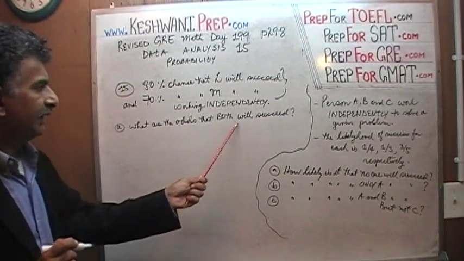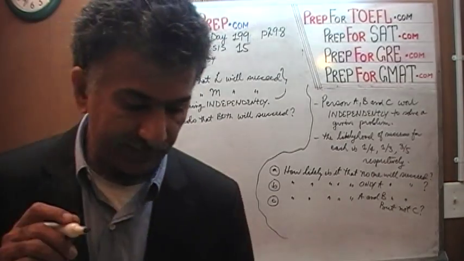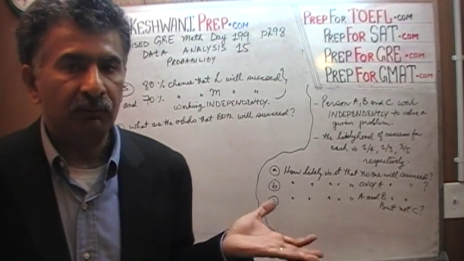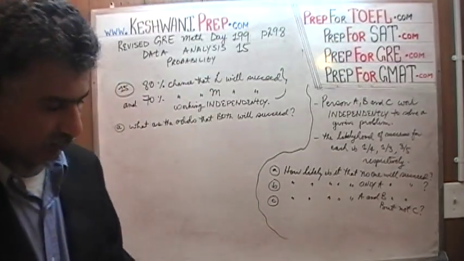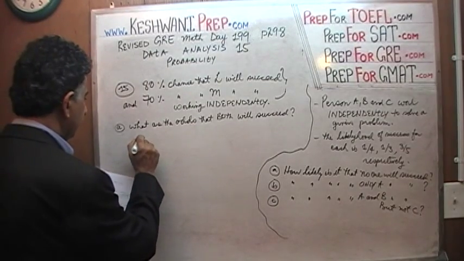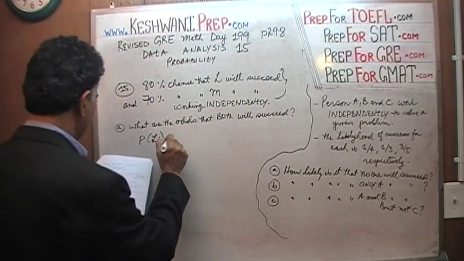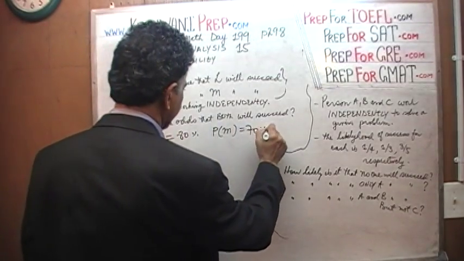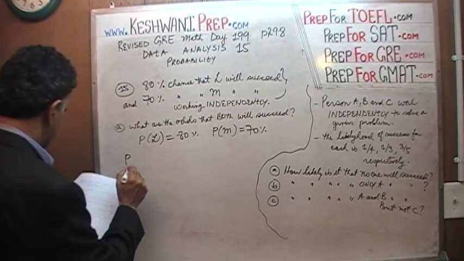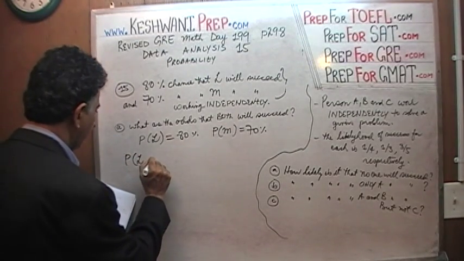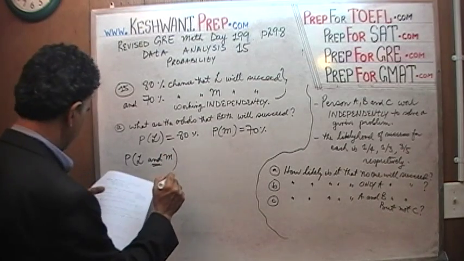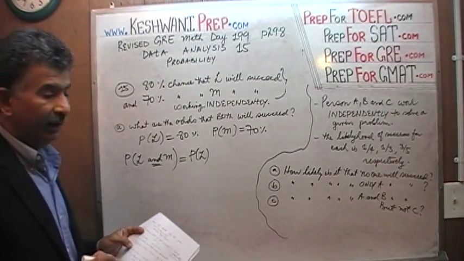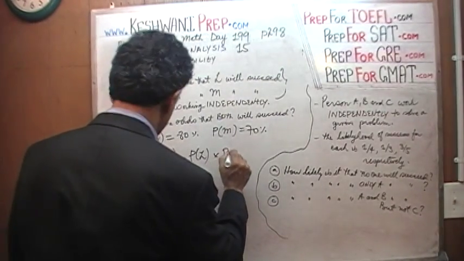The question simply is, what are the odds that they will both succeed? Because they are both working independently, the odds that they will both succeed is simply the product of the two probabilities. That's all it is. The probability that Lynn will succeed is 80%, and the probability that Mark will succeed is 70%. Therefore the probability that both L and M will succeed is the chances that L will succeed times the chances that M will succeed.